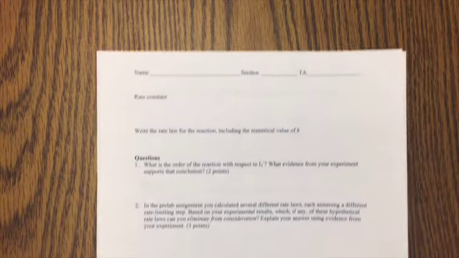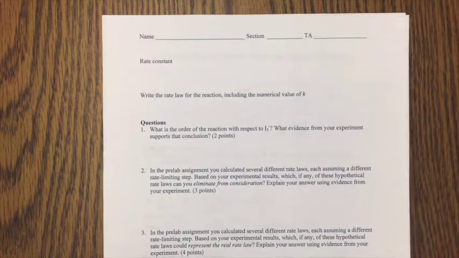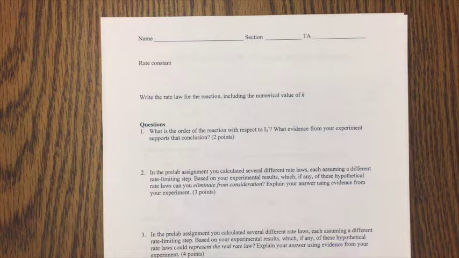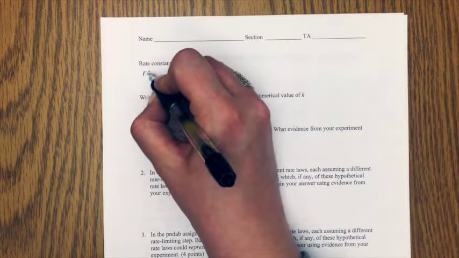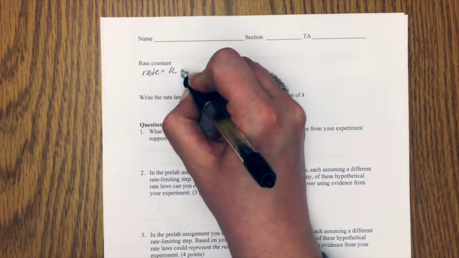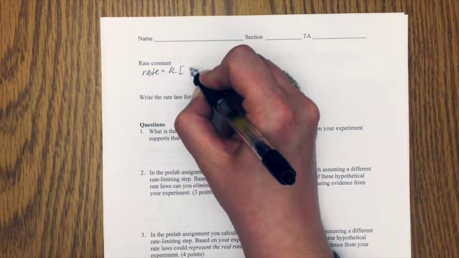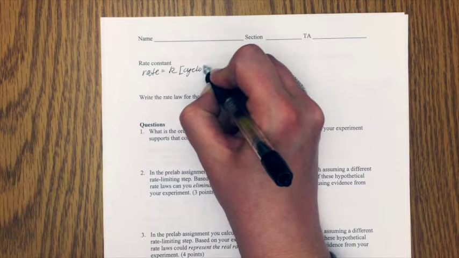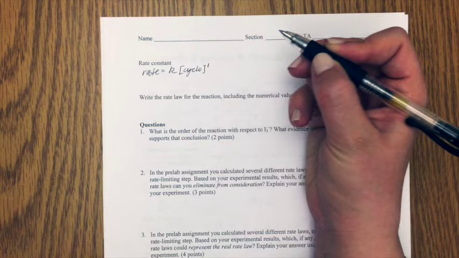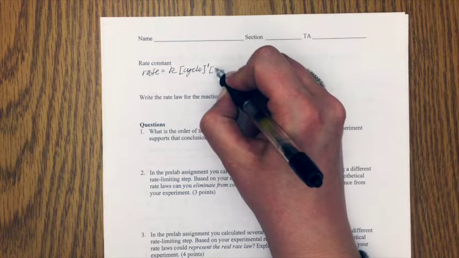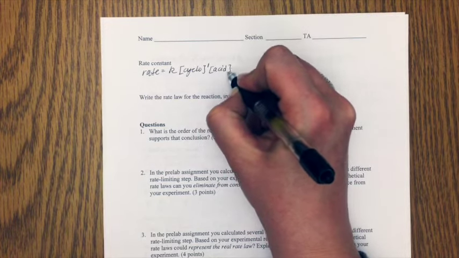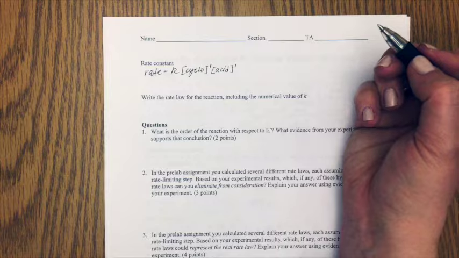Moving on to the next page, I have to find the rate constant. To find the rate constant, I'm going to use my data from run A. I know that the rate equals the rate constant times the concentration of cyclohexanone, which is raised to the first order, because it's first order with respect to cyclohexanone, times the concentration of acid, which is also first order.